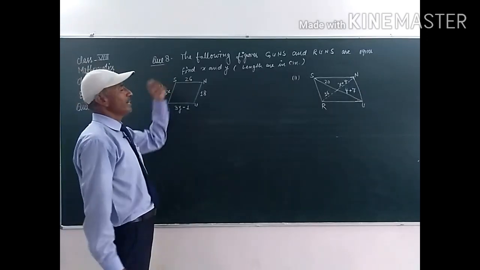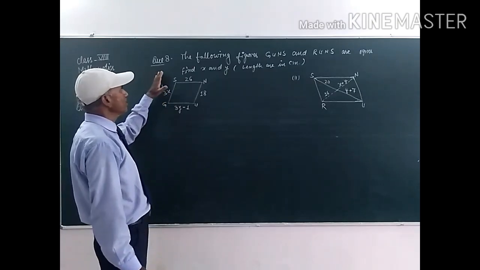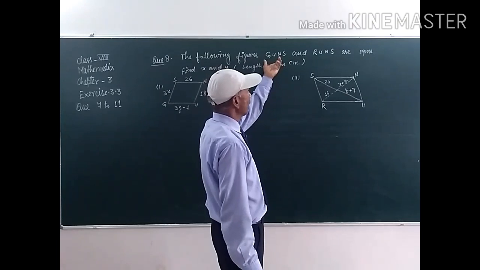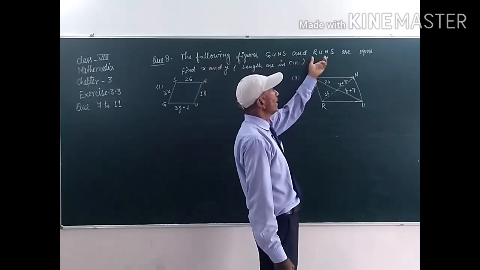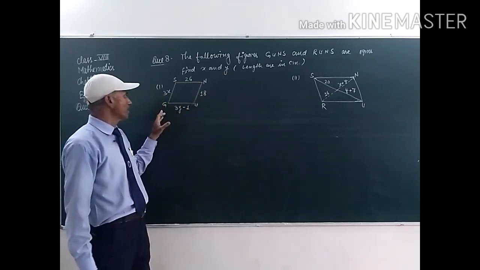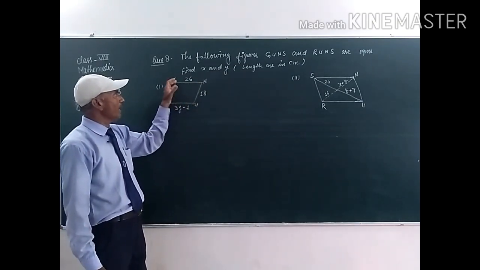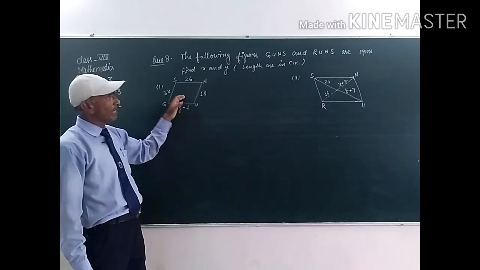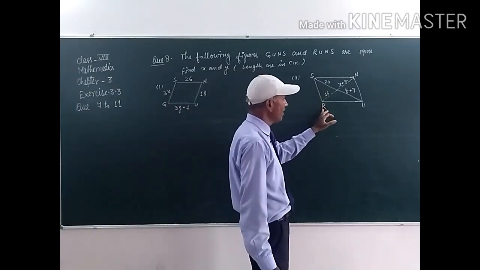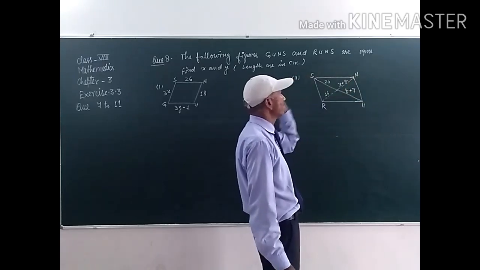This is question number 8, student, and in this question the following figures GUNS and RUNS are parallelograms. GUNS, this one is a parallelogram, student, and this figure is also a parallelogram. Name of this figure is RUNS.